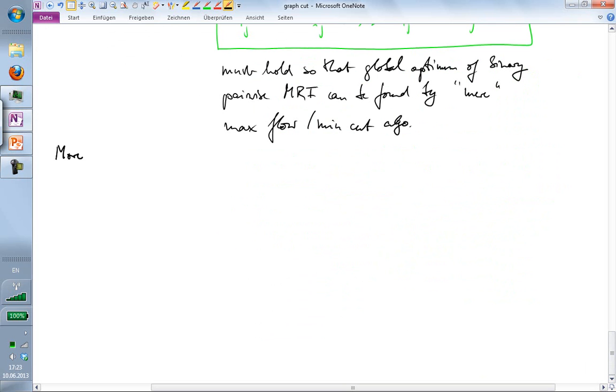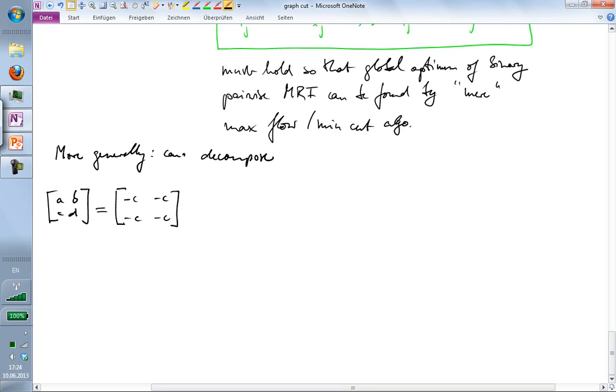So using a more general graph construction than the one you've seen, there are different ways of decomposing this matrix of A, B, C, and D. One way, and I think that's the way shown in the paper by Kolmogorov and Zabih, is to say we have a constant term plus matrices that depend on only the one or only the other variable.